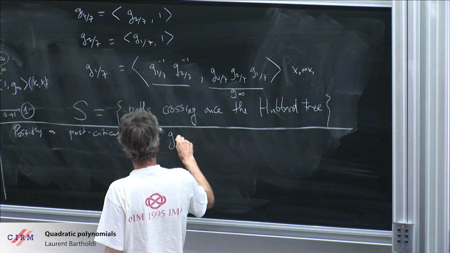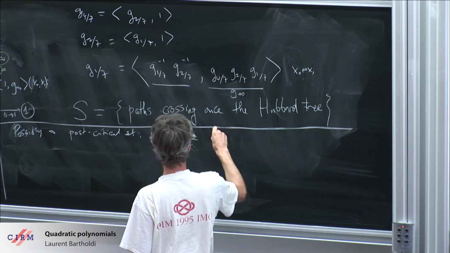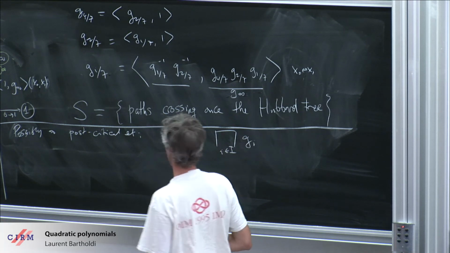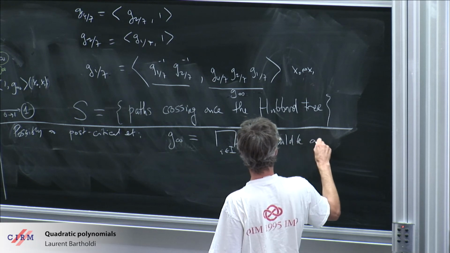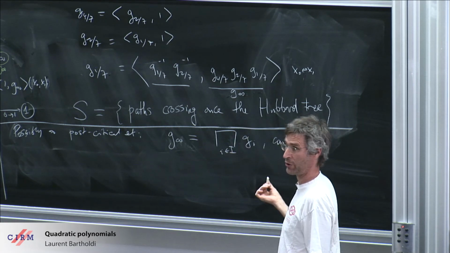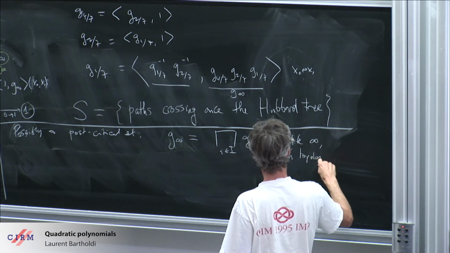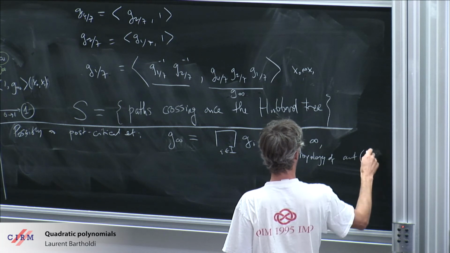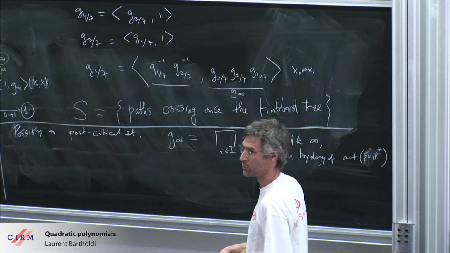So the general situation is the following, that we have G infinity expressed as a product of elements Gi. And this could be an infinite product. To take an infinite product, you need some topology. So in topology of, for example, the automorphism group of the tree on which you act.